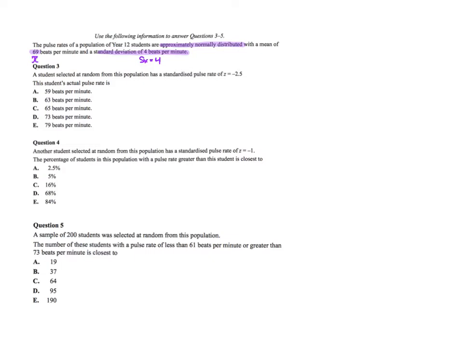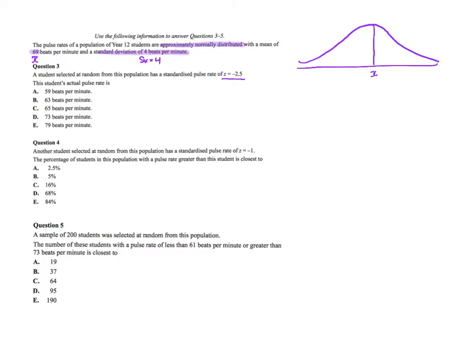A student selected at random from the population has a standardized pulse rate of Z equals -2.5. The student's actual pulse rate is, so let's have a look and do what we know. I often say if you draw a bell shape, it makes it a lot easier.